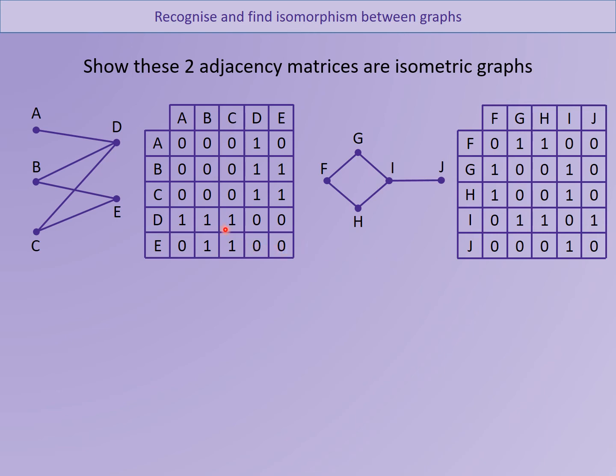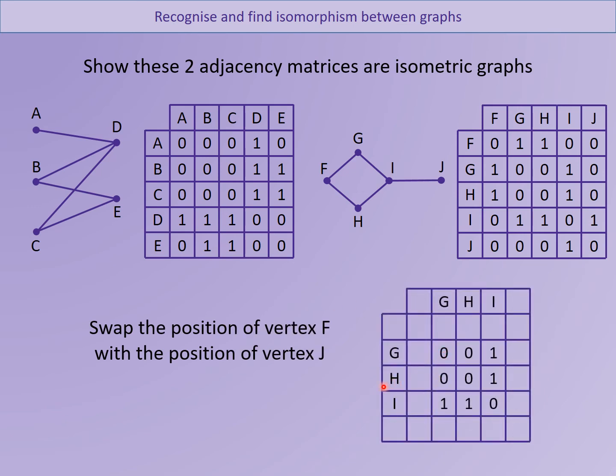And if you think, actually, look at the top line here. The top line is 0, 1, 1, 0, 0, and that's the same as the E, and it's 0, 1, 1, 0, 0. If I just swap the A and the E over, will I not just end up with exactly the same? All right, if I swap the A and the E, or the F and the J, if I did it on this one, it doesn't matter which way you do it, A and E, F and J, then look what happens.